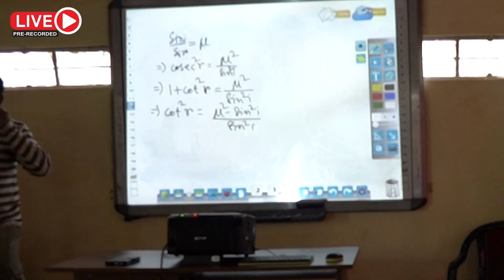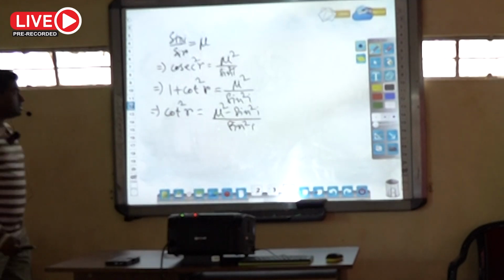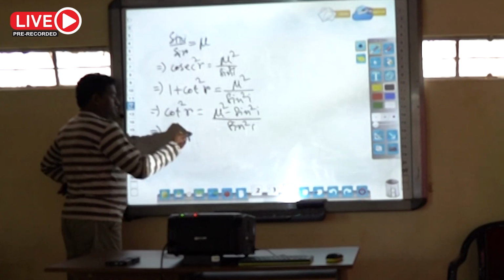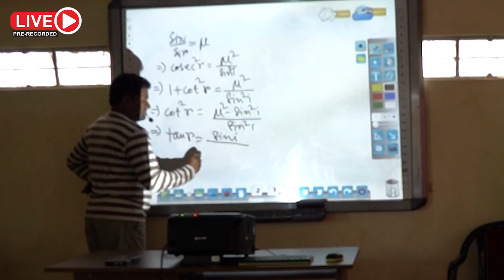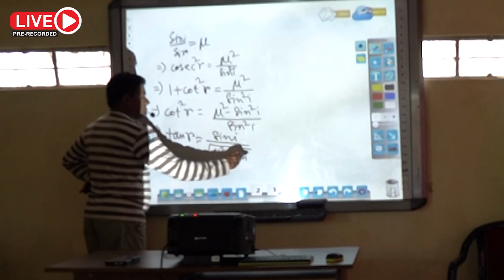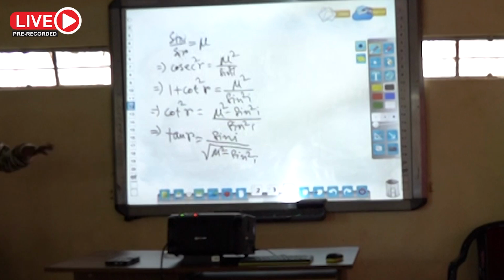So it will be mu square minus sin square I divided by sin square I. Then I take a square root and inverse. Cot square r, its square root will be cot r, and inverse of cot r will be tan r, which I require.